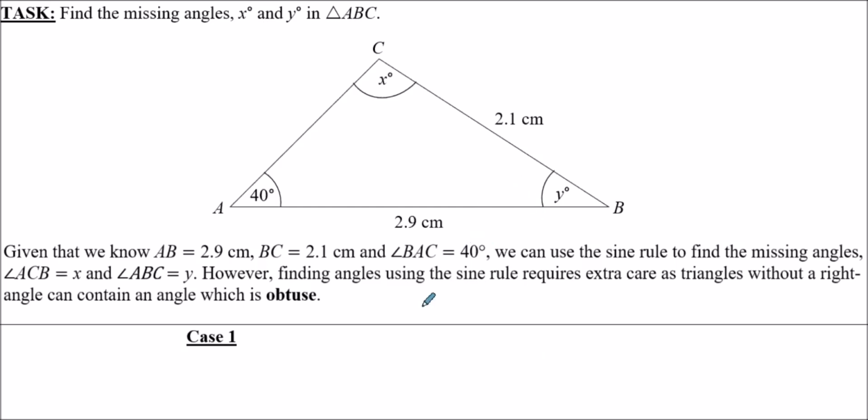For case 1, let's just trust our calculators first of all. So case 1: sine x divided by the side opposite to it, which is 2.9, must equal sine 40 divided by the side opposite to 40, which is 2.1.